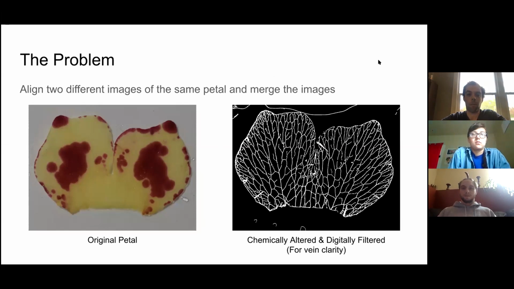And as you could imagine, if you've ever worked around with some kind of photo editing where you're trying to move an image around and rotate it to fit a certain size, that takes a lot of tweaking. And while it may be feasible to do for one image, if you're trying to process a whole ton of data like this, that could become very time consuming. And we thought this could be a great application for some kind of software solution to align these images itself.